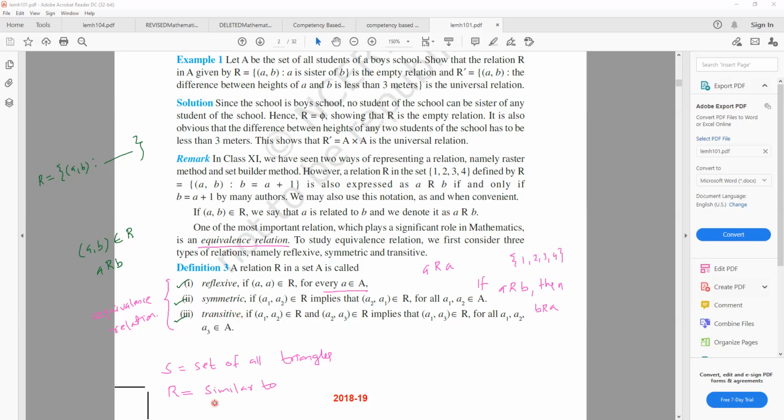So again coming back to this, is our relation symmetric? First one, every triangle is similar to itself, so we can say reflexive. Now, is it symmetric? Suppose triangle 1 is similar to triangle 2, then triangle 2 should be similar to triangle 1, right?